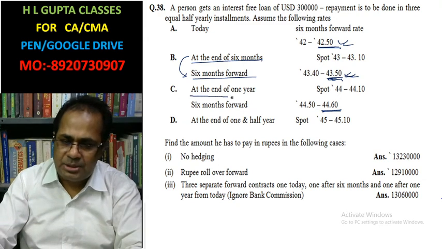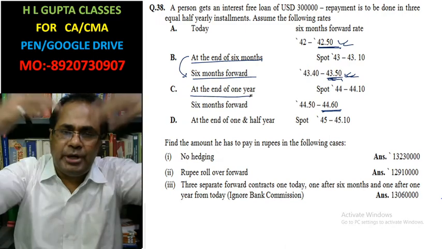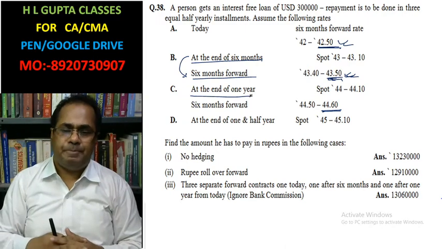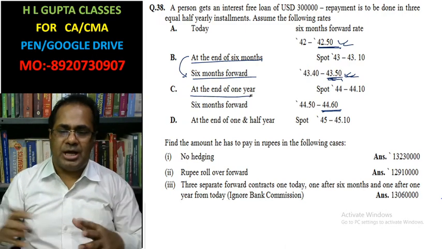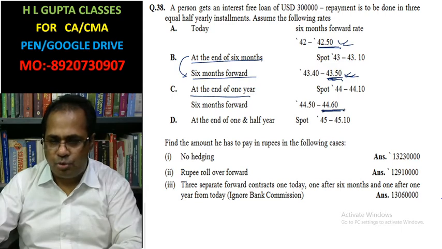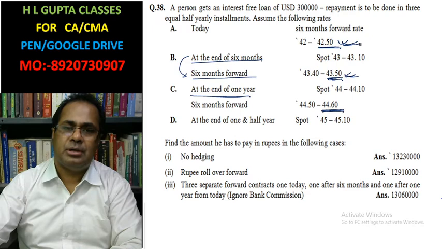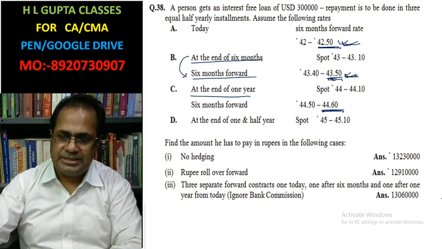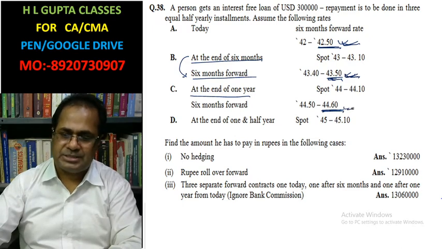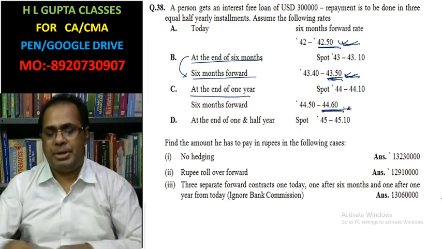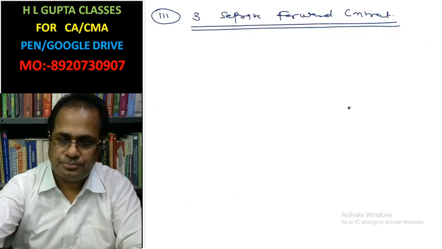At the end of the 1 year, again you enter into the next 6 month, purchase dollar 1 lakh at the rate of 44.60. Then this rate is applied for the first payment, this rate is applied for the second payment, this rate is applied for the third payment. Look at here.